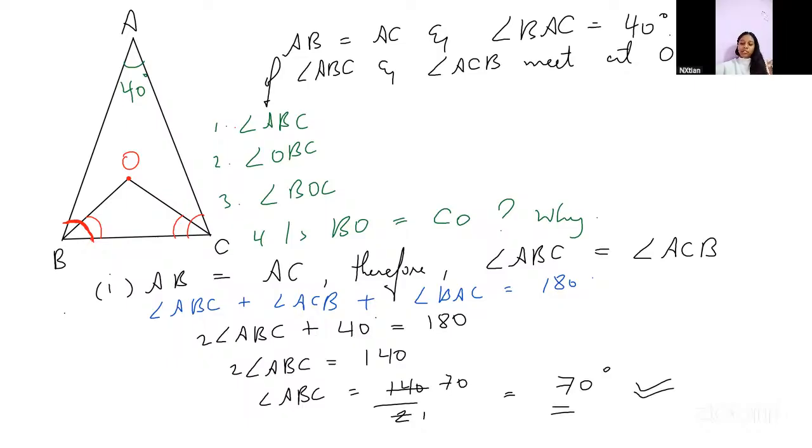Same process we are following. You can take angle B and angle C as x and then also solve. Understood the first part? Write it till here and then we will do the second, third, and the fourth part.